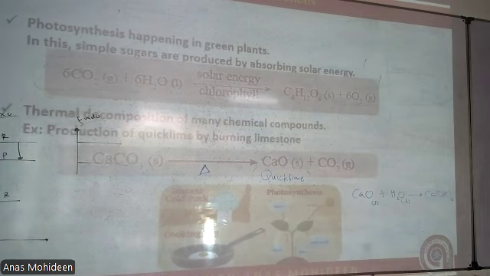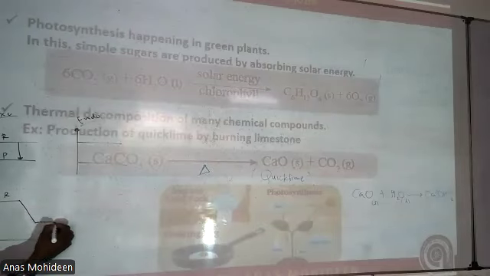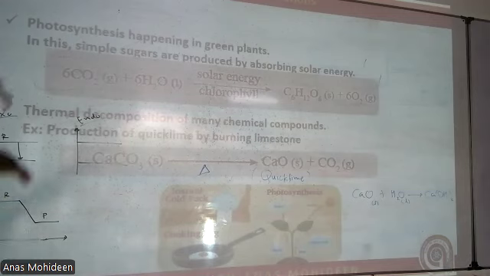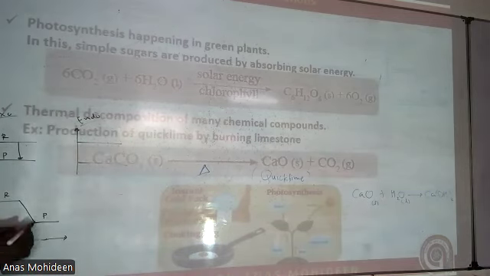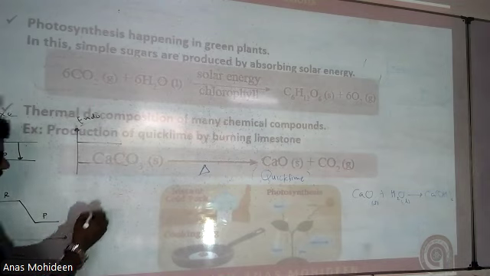Second method: reducing down to product means you come down here and mark the products. Like a staircase, you are stepping down from reactants to products, because reactants more, products less. Reactant to product, you come down.